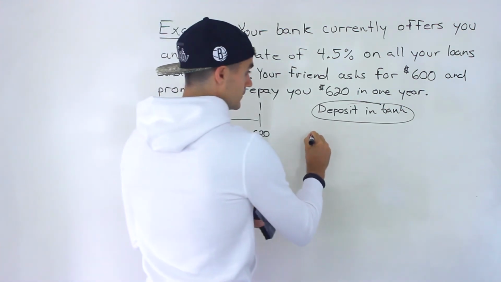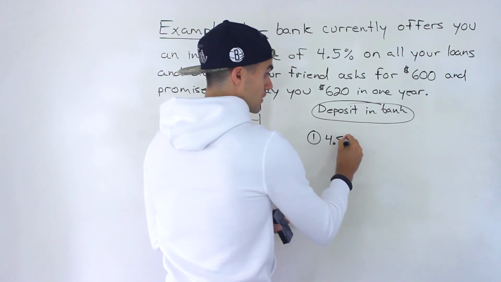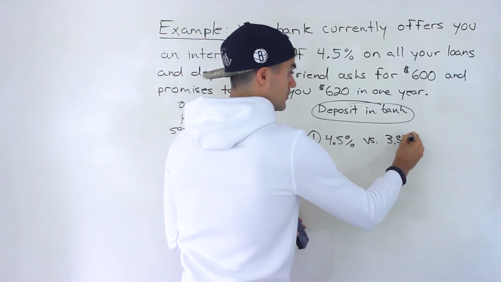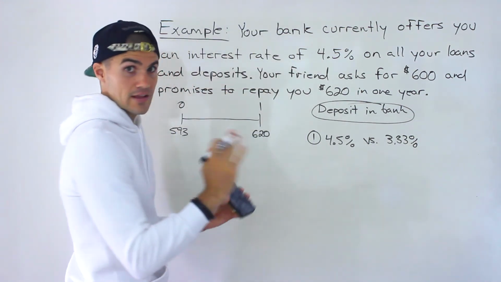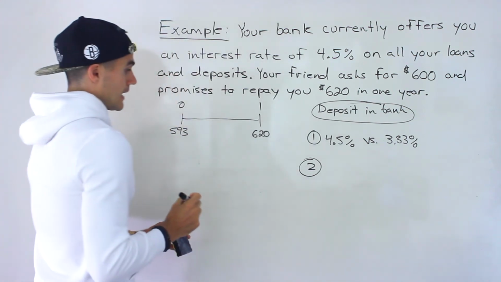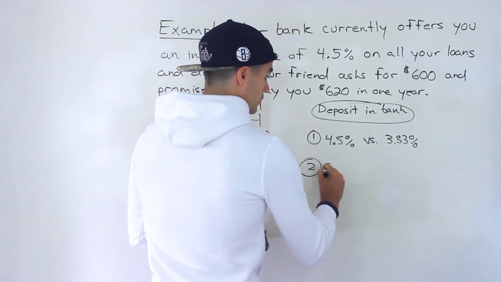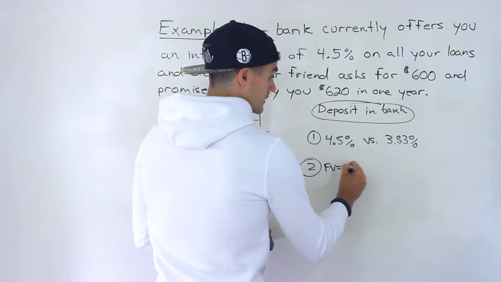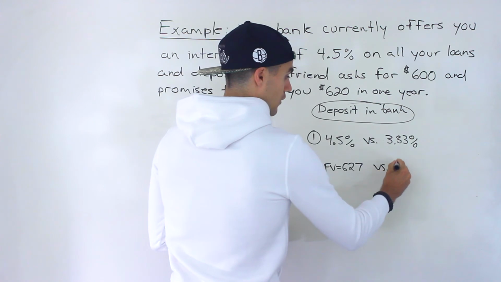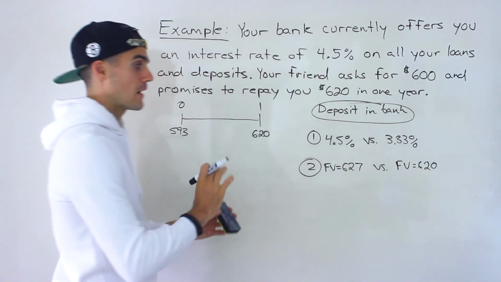With number 1, we could see that the bank gives us a higher interest rate of 4.5% versus our friend who's giving us 3.33%. So that's one perspective. The second perspective is that the future value with the bank would be 627 versus with the friend, the future value would be 620, for the same amount invested.